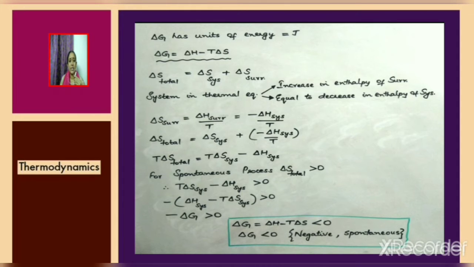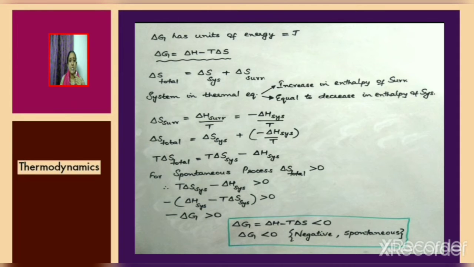Now how can we derive this equation and how can we take Gibbs energy change as the final criterion to decide the spontaneity of a reaction? For that, consider the equation delta S total is equal to delta S of the system plus delta S of the surroundings.